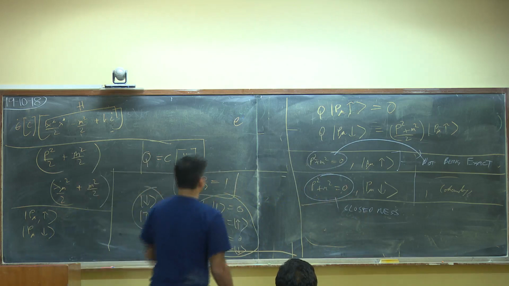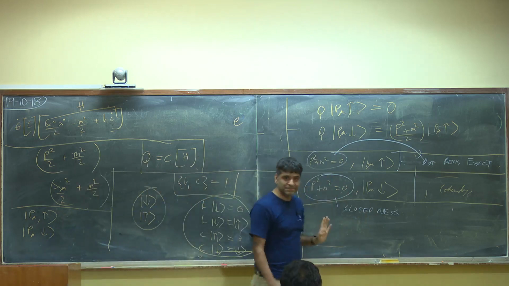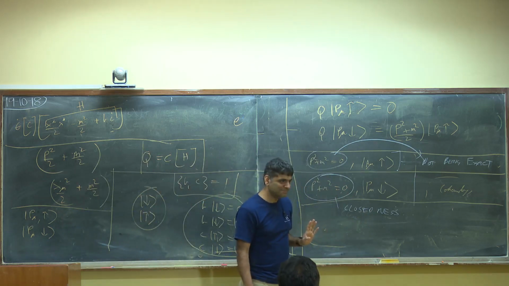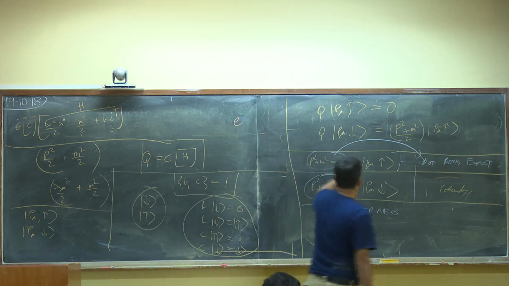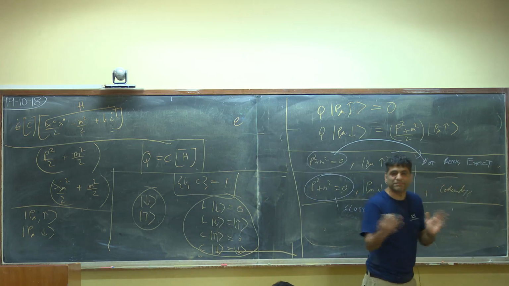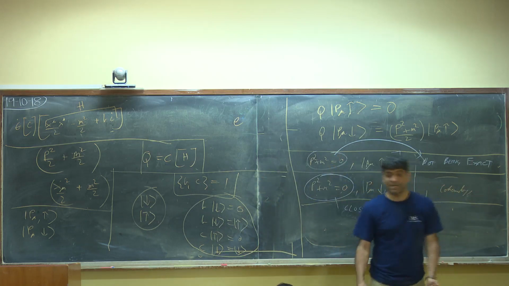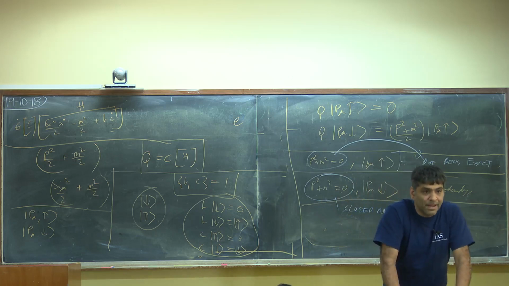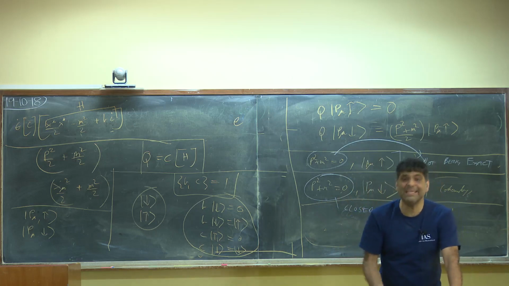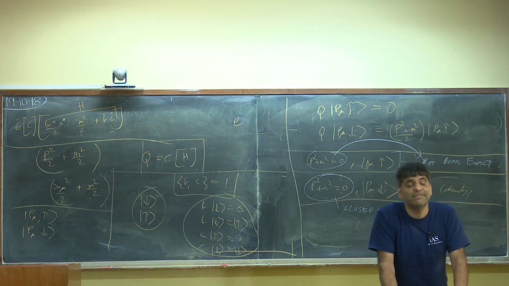Here, I'm allowed to insert any of these operators. I don't need to insert the operator only when p squared plus m squared is equal to 0. I'm allowed to insert it anyway, because our rules say you're allowed to insert any operator as long as it's Q closed. But we are guaranteed that the answer will be 0 if the state was exact.